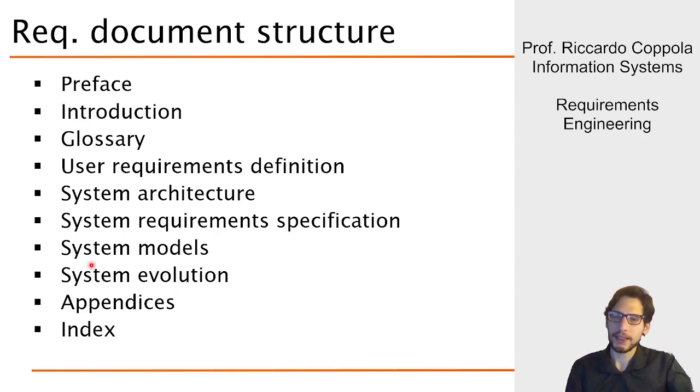So the concept, the class diagram and the BPMN diagram will be in this phase where we have system models. I can have a description of the evolution of the system, a kind of guideline about the aspects I will put more attention on, and then I can have other aspects like indices and whatever.